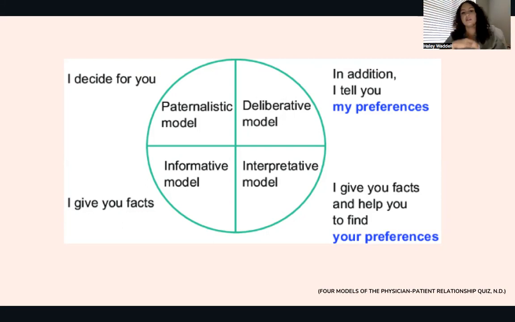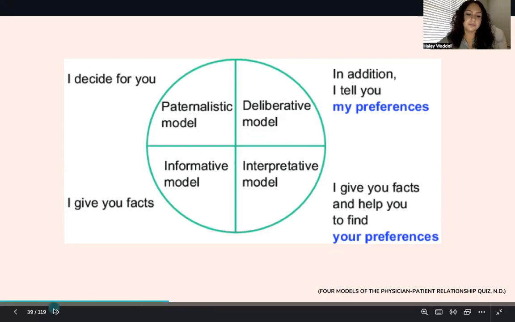The deliberative model, I give you, my patient, the facts, but in addition, I also tell you what my preferences are and what I think is best, and I recommend. And then the interpretive model, I give you the facts and help you to find your preferences. So we really emphasize what you value and what your goals are, your health goals.